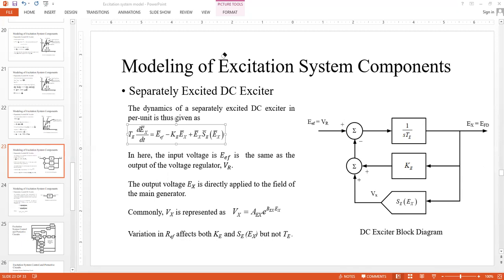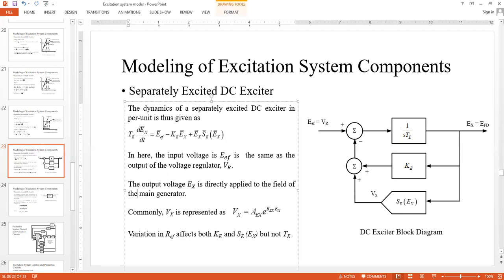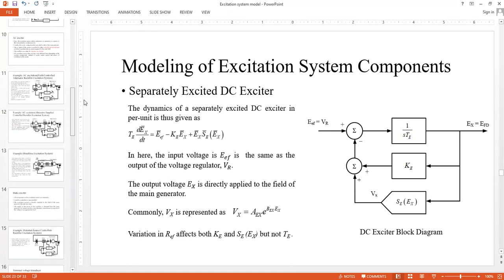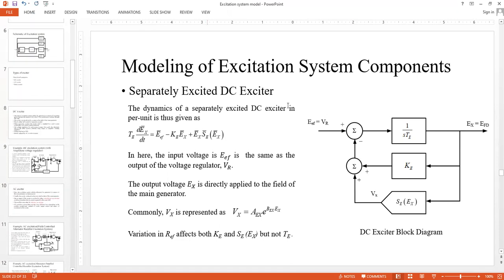But before that, there are a few things to be mentioned. One thing is that here the input voltage is EEF. Now the question is, where is this input voltage actually coming from? For knowing that, if we go back to our big block diagram, this is the input to the exciter. Remember, this is the exciter representation, DC exciter.